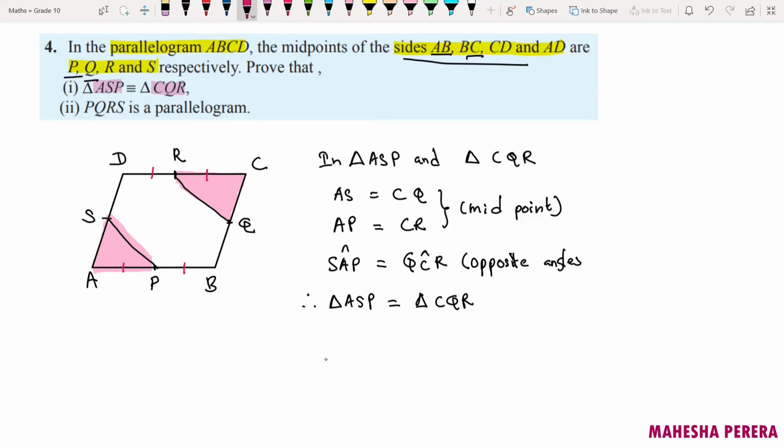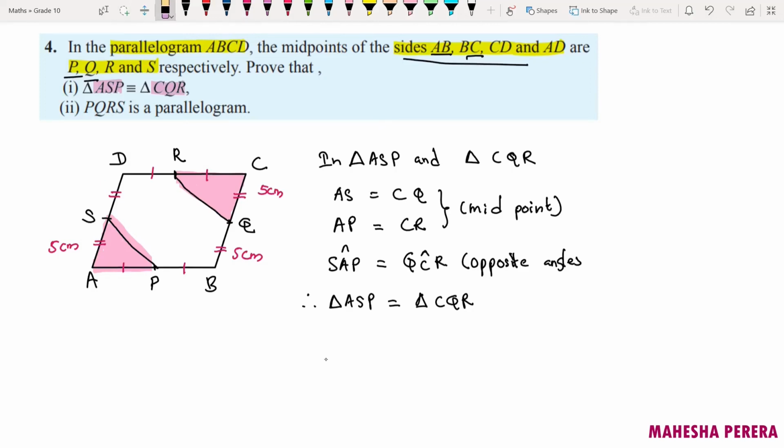And when you consider the other two opposite sides of this parallelogram, this length should be equal to this length, and here also these two lengths should be equal. If this is 5 centimeters, this should be 5 centimeters, and the opposite side also should be 5 centimeters each.